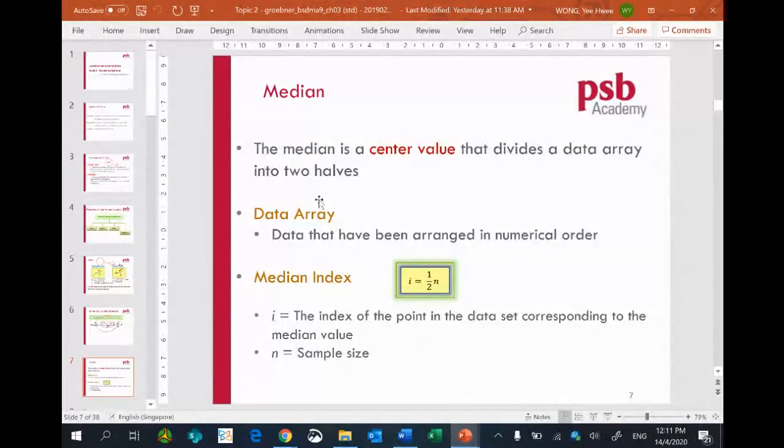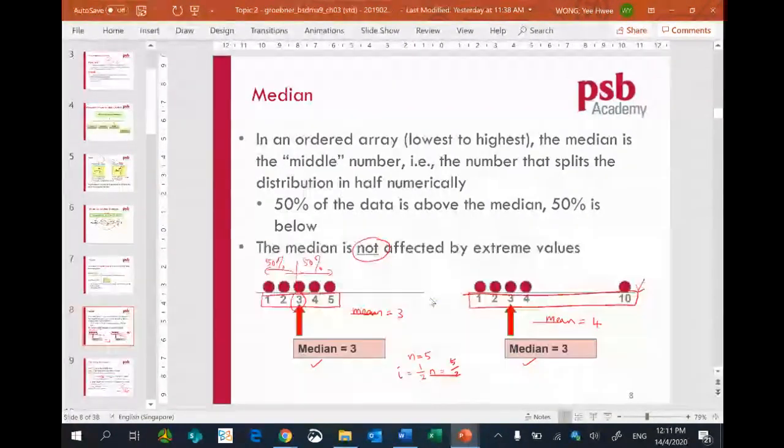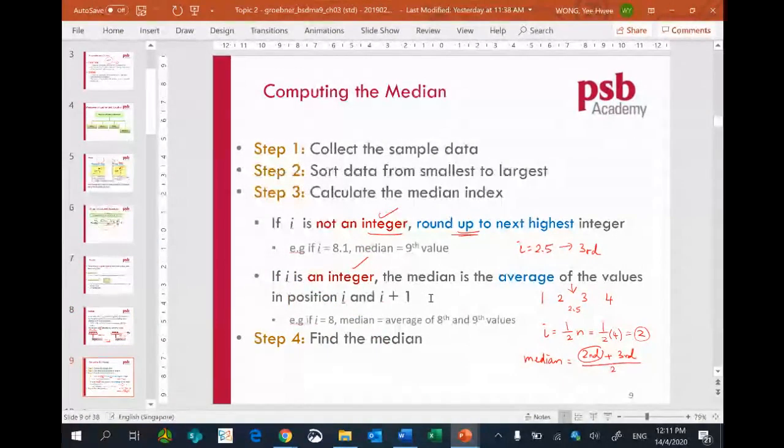Median, we have two ways to find out. One way is the traditional way: find the number right in the middle of the data set, which is already sorted from the smallest to the highest number. The other method is we use a formula called the median index, I. There is a rule behind this I. If you get an I which is not a round number, you just need to round up to the next whole number.